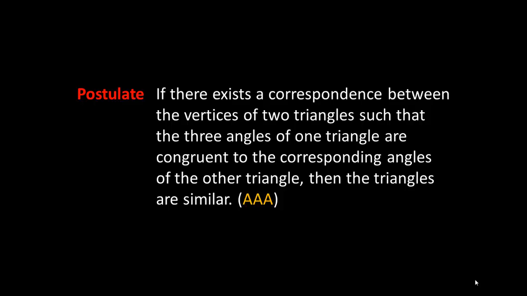You will not use this very often, okay? Keep that in mind. But if you are lucky enough to be given that you have two triangles and each pair of three angles are congruent, then you have enough to show that they're similar. Remember, we're not talking about congruence, so the lengths of the sides can be whatever, but it's the angles that are important.